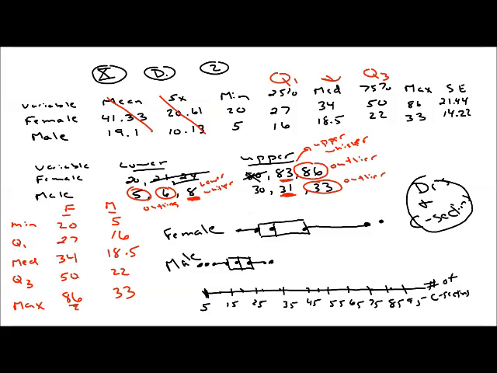Now, let's describe. Since this is quantitative data, we are going to use GSOCS. And in quantitative data, in box plots, we do not use the G, the gaps. Can't really tell gaps in box plots. So shape. Females, it's a little bit longer towards the right.